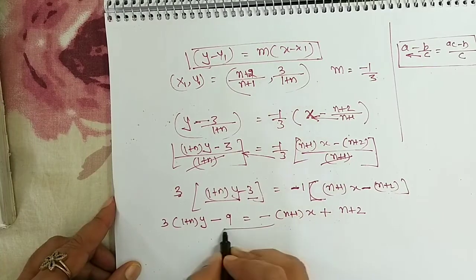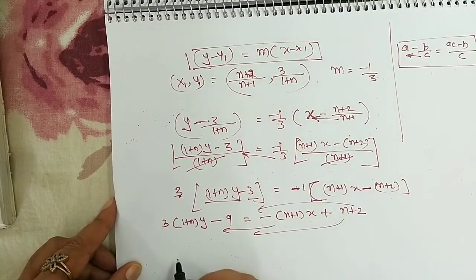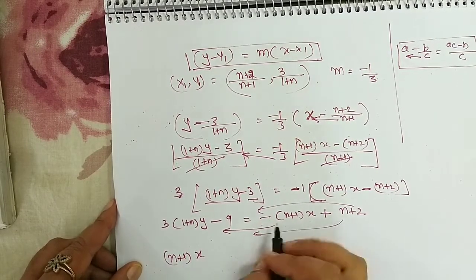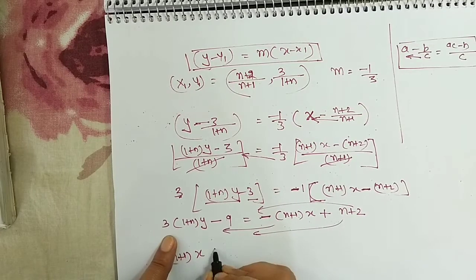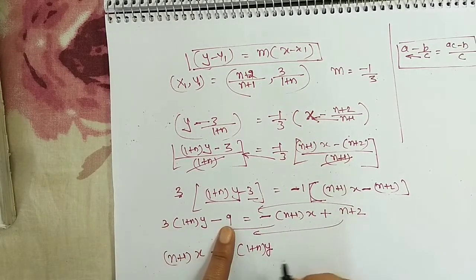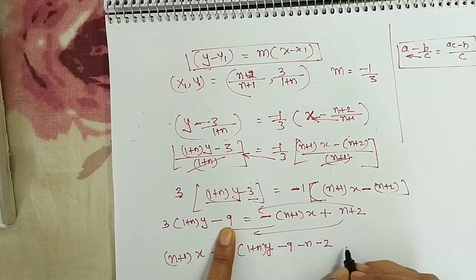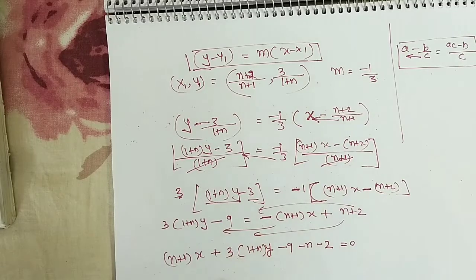I am bringing this here and this here and 2 here, everything to this side. So it is n plus 1 x. Why did this become plus? Because this was minus, it became plus. Then 3 into 1 plus n y. Then I have minus 9, which was already there, minus n minus 2 is equal to 0. This I got here.